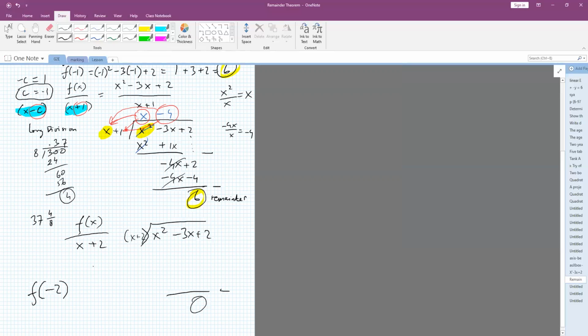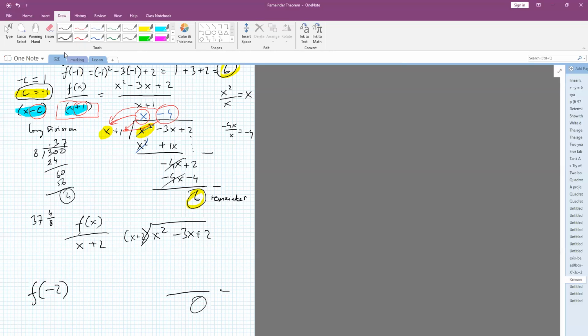Yeah. So the only thing that I want to comment here is when you divide a polynomial by a linear term, for example, this one x plus 1, therefore you have to be careful because in this case, this value of c is not 1, but it is minus 1, because what happens is you divide by x minus c.